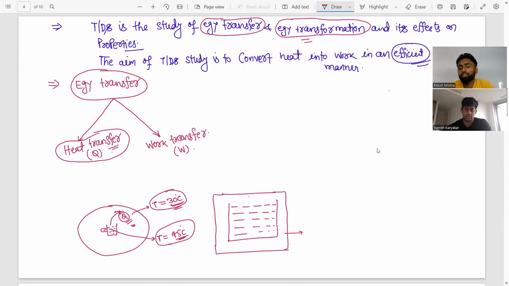Here also the temperature of the room is assumed to be 30 degrees Celsius, and the temperature of this hot water is assumed to be 45. Now here also, due to this temperature difference, the temperature of the hot water will decrease, because between the hot water and the room there will be heat transfer. The heat of the hot water will go into the room.